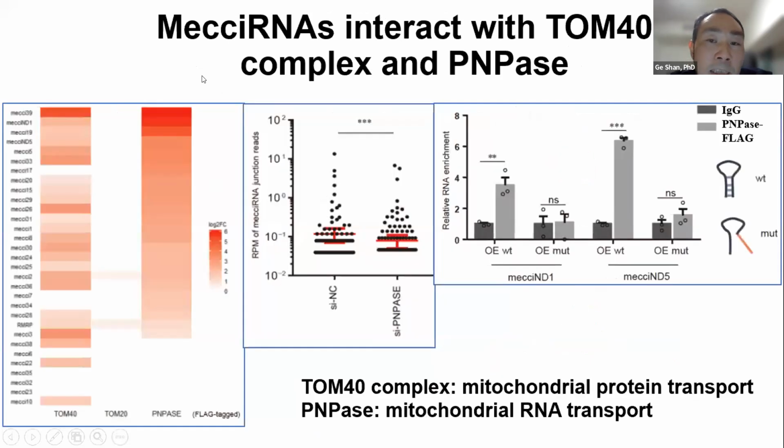We also showed that MecciRNAs interact with components like TOM40, which is a transport protein into the mitochondria, and with PNPase, which has been shown to interact with RNAs that get transported inside the mitochondria. This leads us to believe that MecciRNA facilitates mitochondrial protein transport from the cytosol.